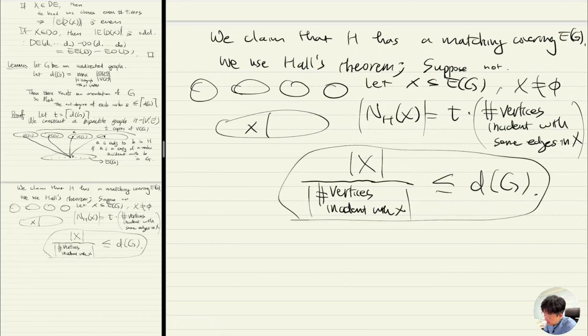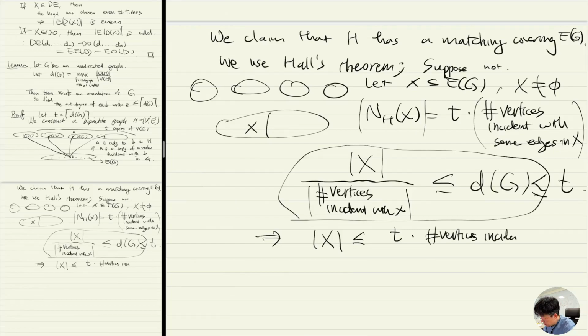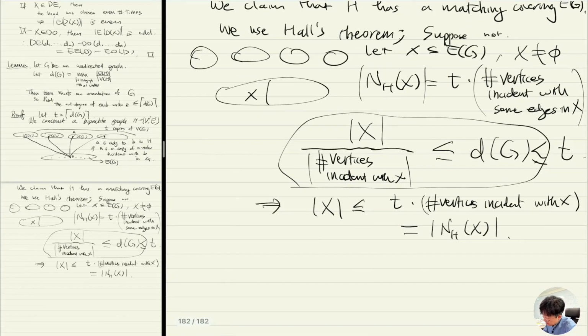Because of this, and this is less than or equal to t, that means |X| is less than or equal to t times the number of vertices incident with X. This is equal to |N_H(X)|. So this is bigger than |X|.